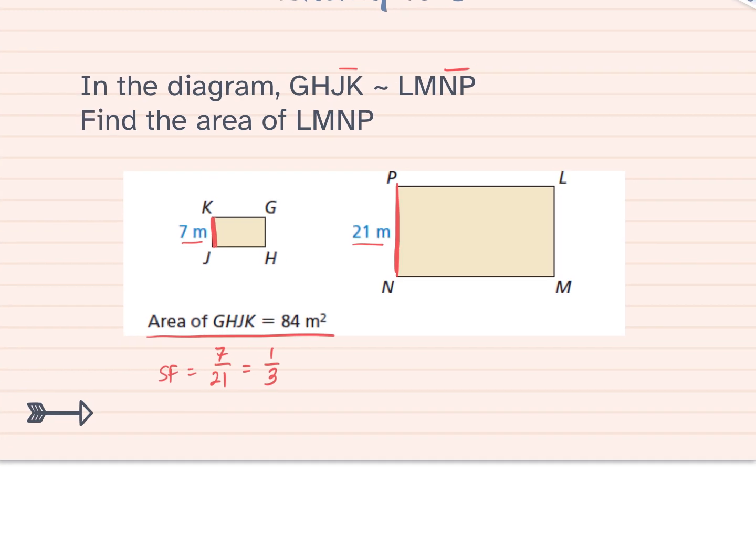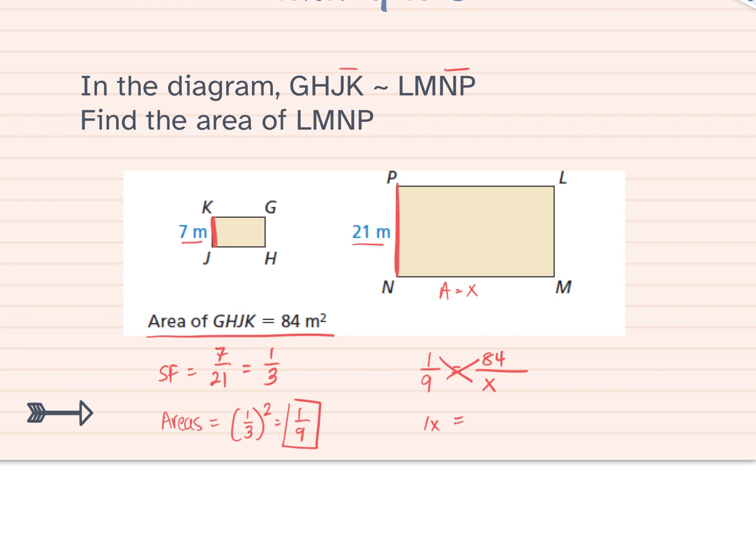That means that the areas are going to have a ratio of that 1/3 squared, or 1/9. So 1/9 is the fraction that I'm going to use in my proportional relationship. The area of the small one goes up top, over the area of the big one, which I don't know, so I'm going to make the area x. And if I use my cross products, I'm going to figure out what it is.